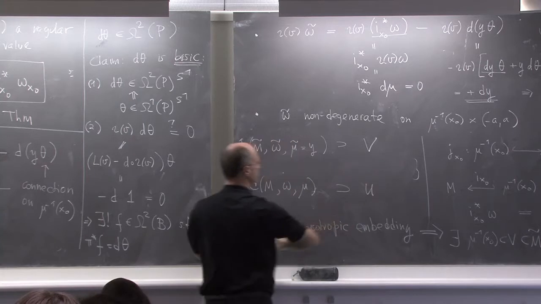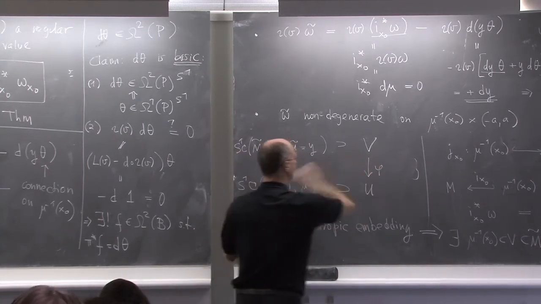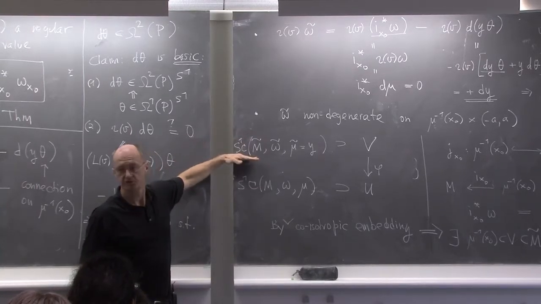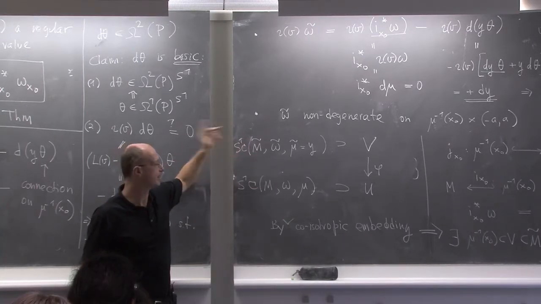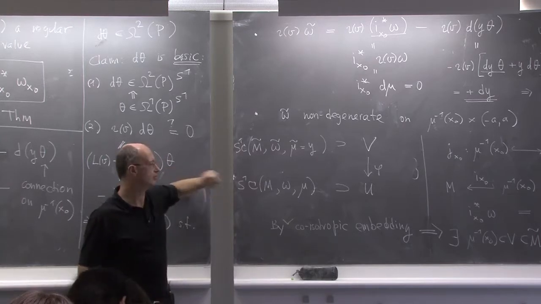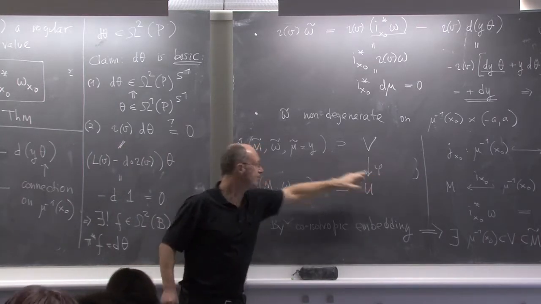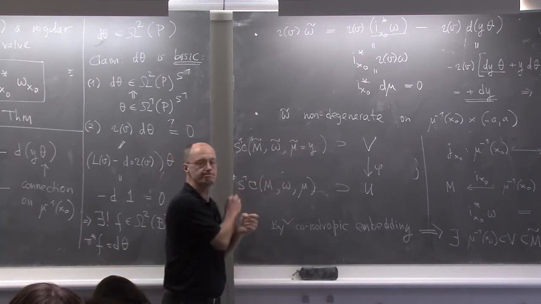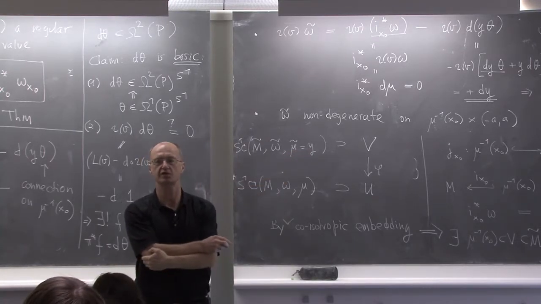Here there is this open neighborhood, and phi is a symplectomorphism. So basically we've built a local model. There is one question though, whether this phi intertwines mu and y. Whether it intertwines mu and mu tilde.